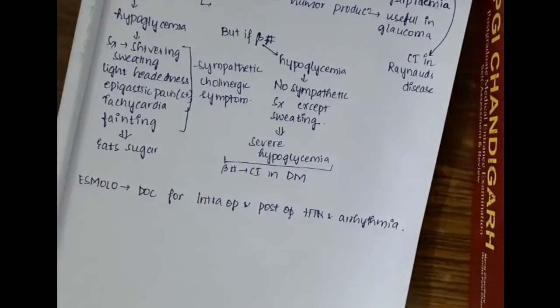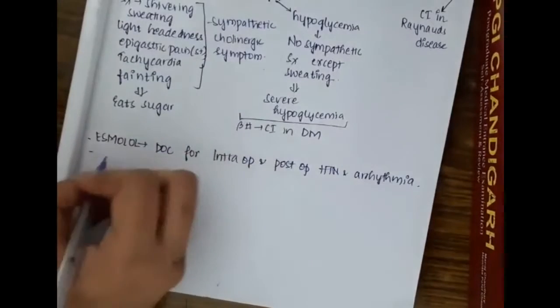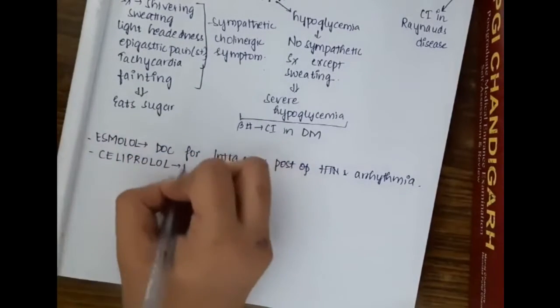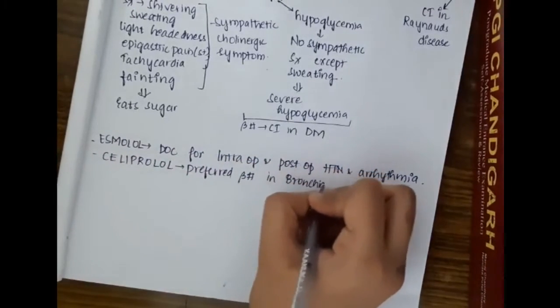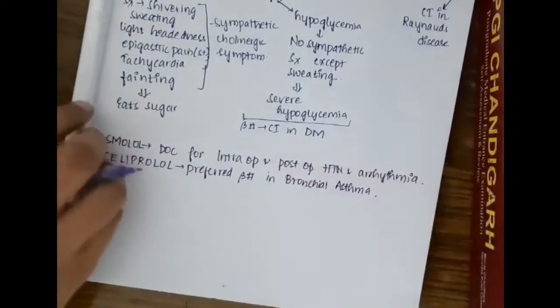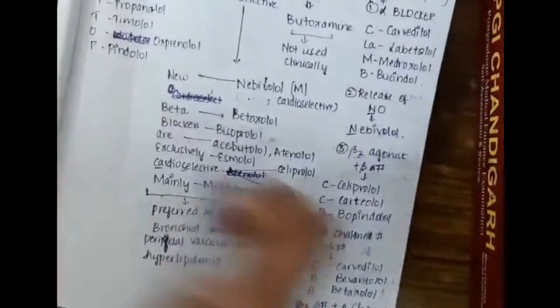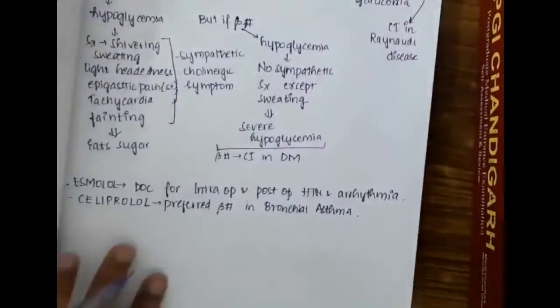Next drug is celiprolol. Celiprolol is the preferred beta blocker in bronchial asthma. It is a beta 2 agonist plus beta blocker.